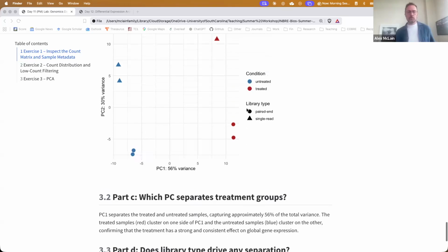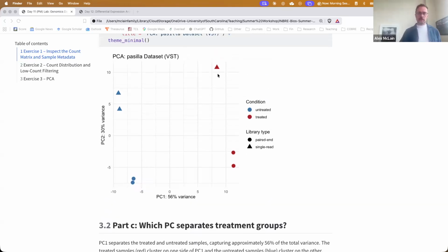So we'll look at running this adjusting for library type when we look at this data set again. And we'll do that because it seems like there maybe is some impact of library type.